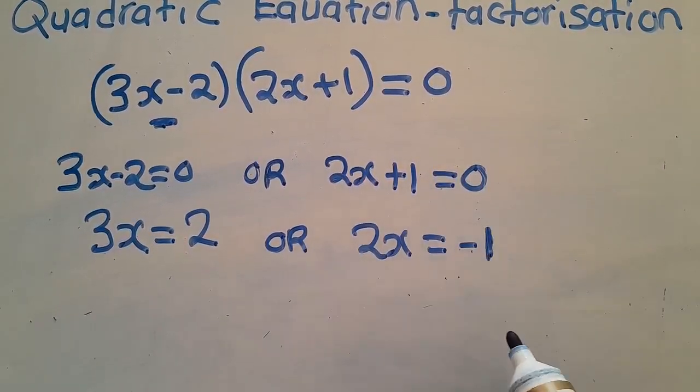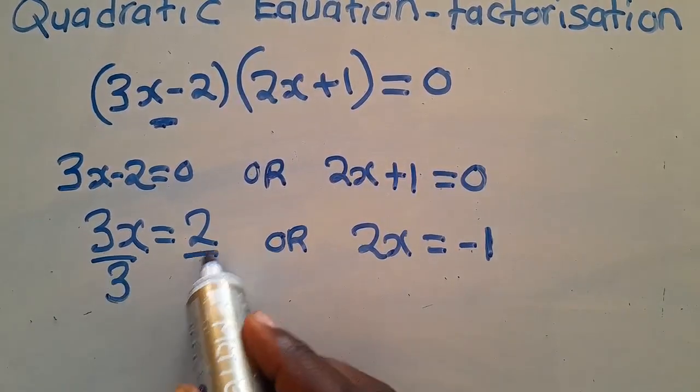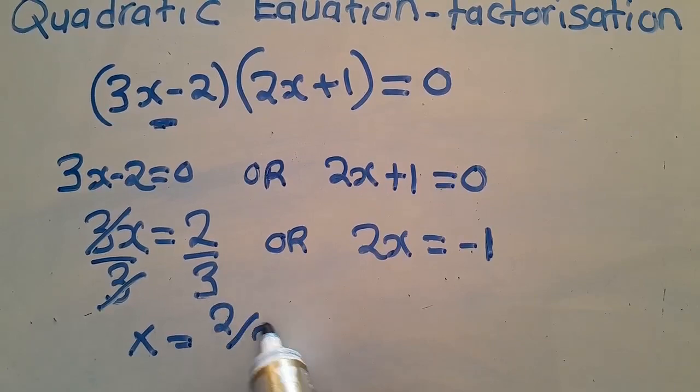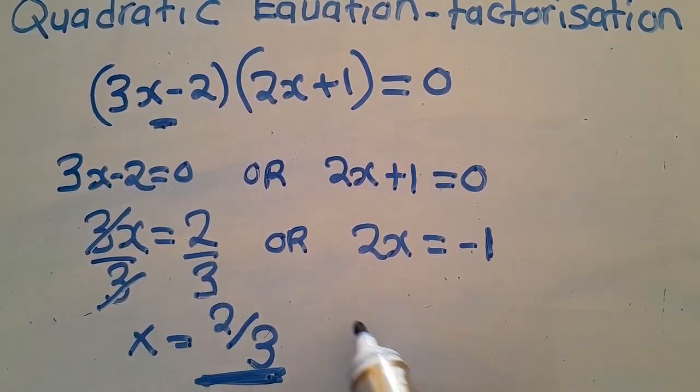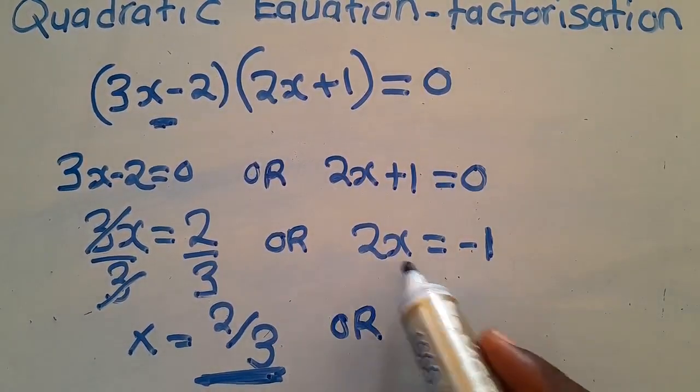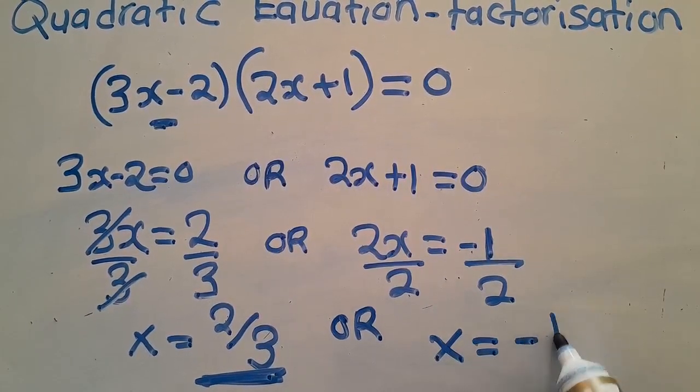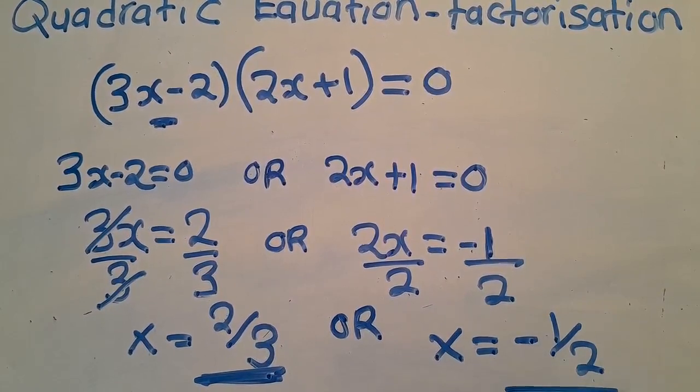You divide both sides by 3, this cancelled, so x is equal to 2 over 3. Or you divide by 2, so x is equal to negative 1 over 2. You're not using any calculator, so just leave your answer like this. This is how you need to work them out, a procedure that you need to follow.